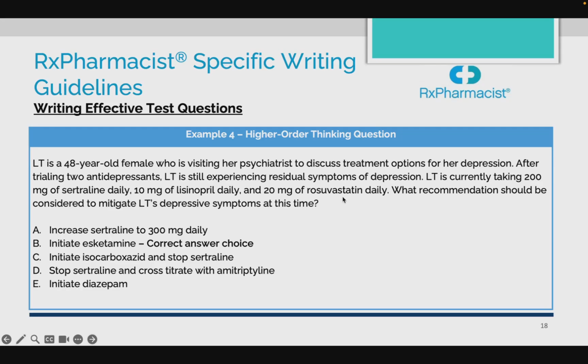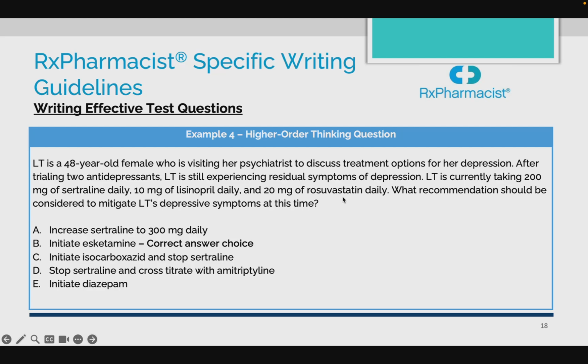Answer choice C says to initiate isocarboxazid and stop sertraline. Now, isocarboxazid is not typically a depression medication that you would give for these residual symptoms of treatment-resistant depression. And neither is D with amitriptyline. And of course, if you look at these two answer choices, there is some kind of risk of serotonin syndrome along with them.